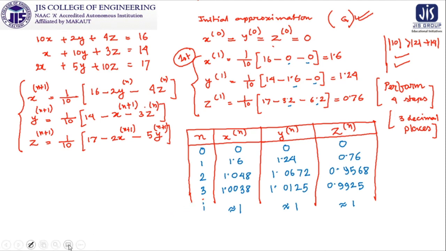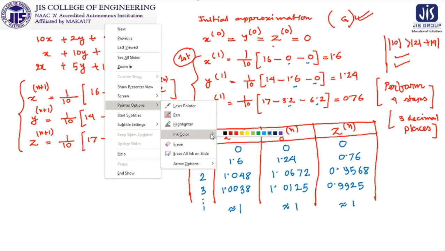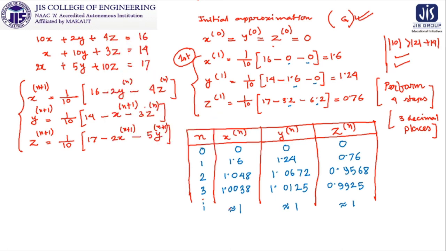Now I just want to share one piece of information with you: though you are going to get values very close to 1, as you are not using a direct method, whatever value you get, please write that value in place of x, y and z consecutively. And don't write it as equal to 1. Please write that it is very close to 1, because you don't get 1, you get a number which is very close to 1.